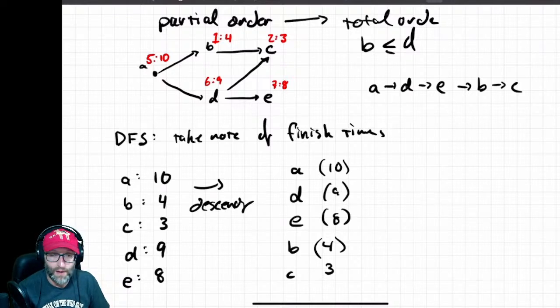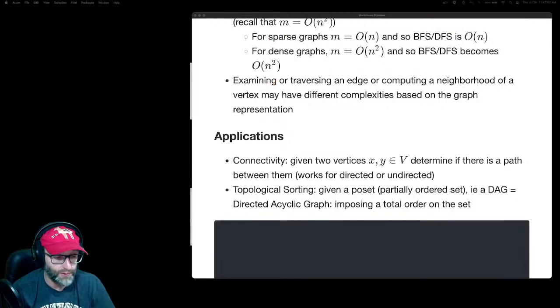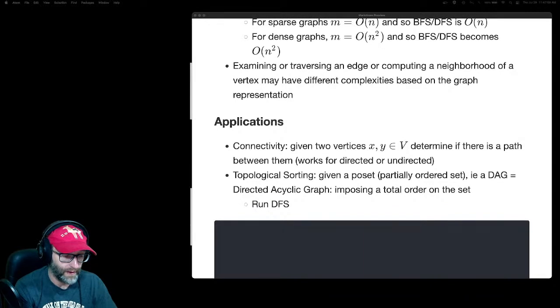Okay, so there, that is a direct application of DFS. You can transform a poset, a partial order, into a total order, and that's called topological sorting. Again, what you do is you run DFS and note the finishing times.